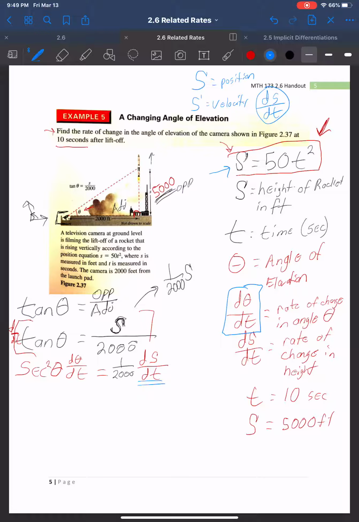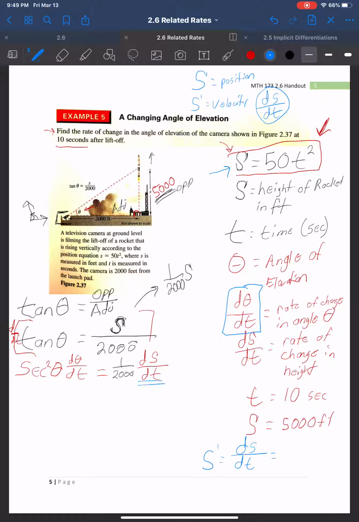So yes, I know that I said we weren't going to be taking the derivative of that, but I meant for our solution of theta. So if s is equal to 50t squared, I need you to follow me. I know this is getting a little bit cluttered, but ds dt, that's the same thing as s prime.